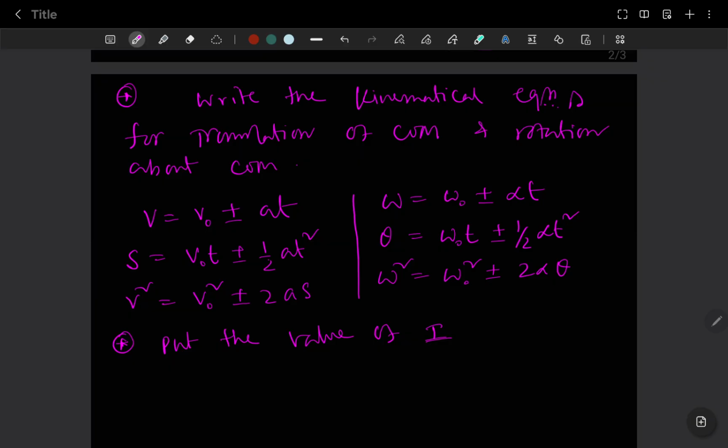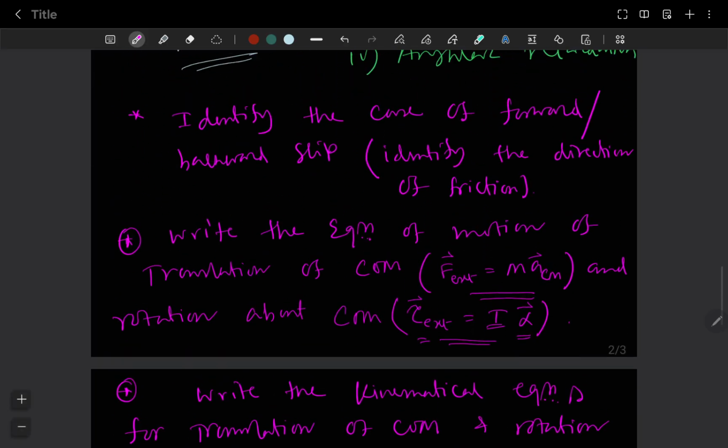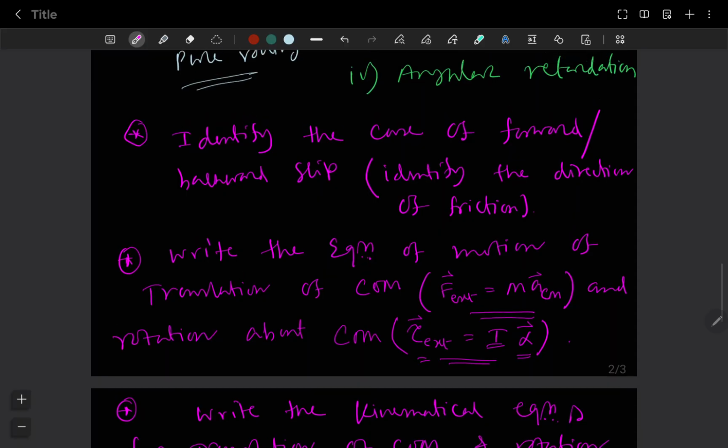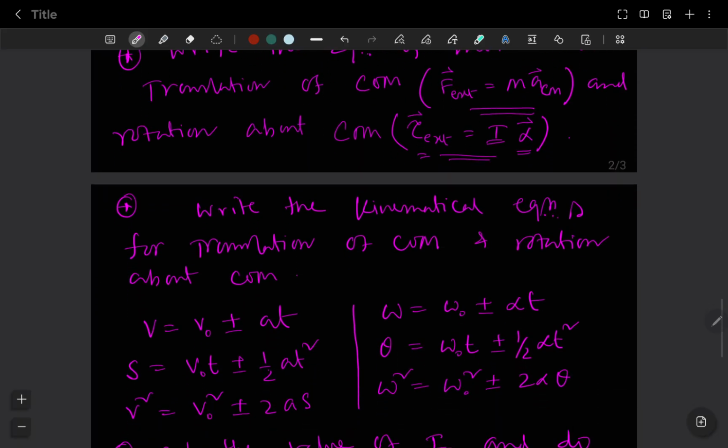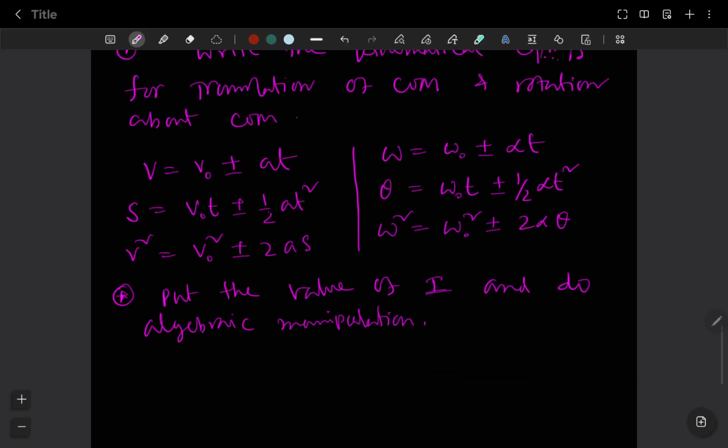So put the exact value of I accordingly and do algebraic manipulation. So these are the 4 steps to do rolling motion numericals. This approach will help you in doing the numericals.